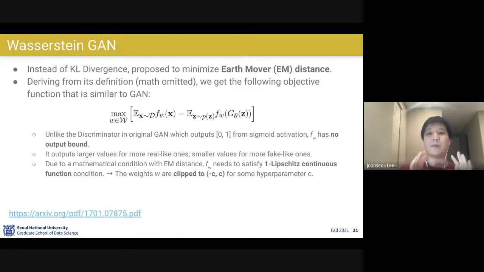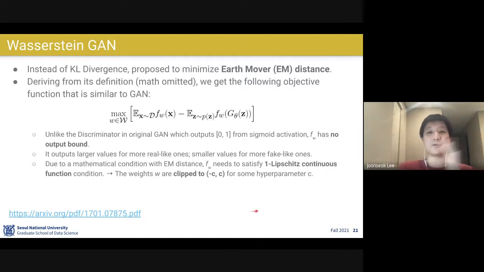Okay, I omit the mathematical details, but during that derivation, only one additional condition exists. Because of the mathematical condition with this EM distance, this f_w needs to satisfy a condition called one-Lipschitz continuous. If you are from a mathematics background, you may know what it is, but you don't have to here.